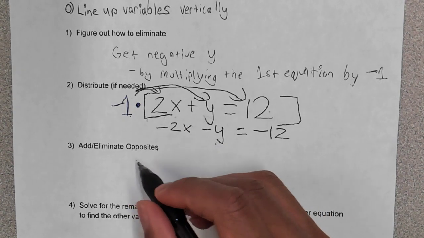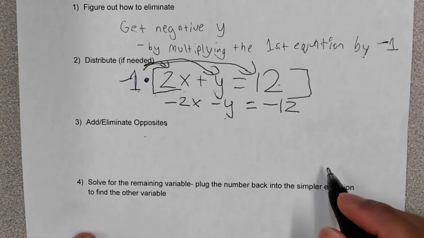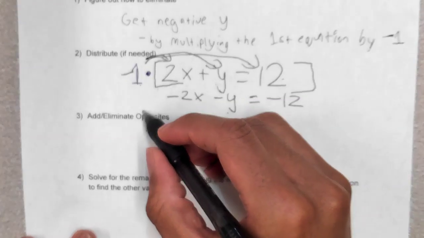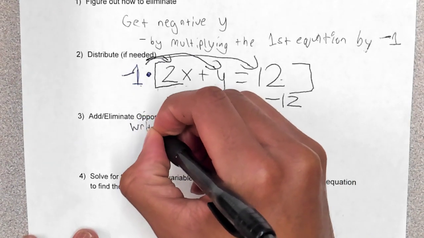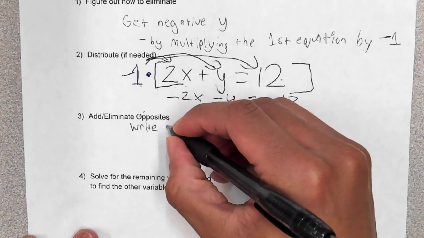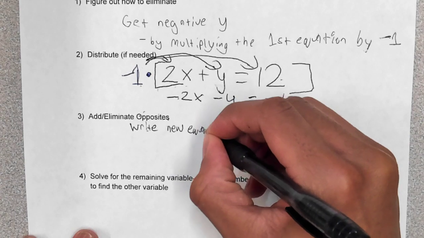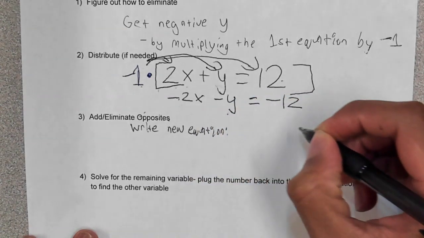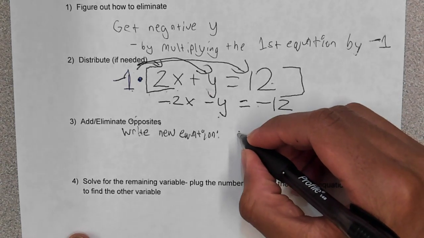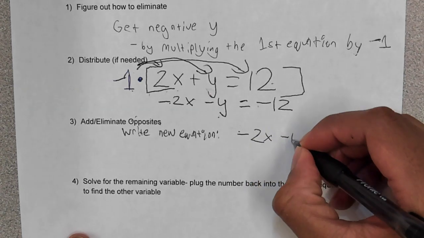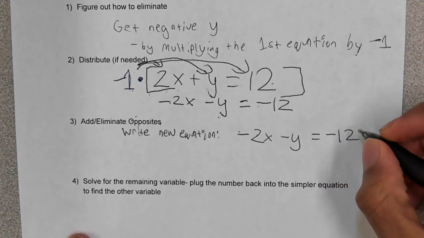We're ready for step number 3. Add / eliminate opposites. So I'll write this new equation that we got: negative 2x minus y equals negative 12.